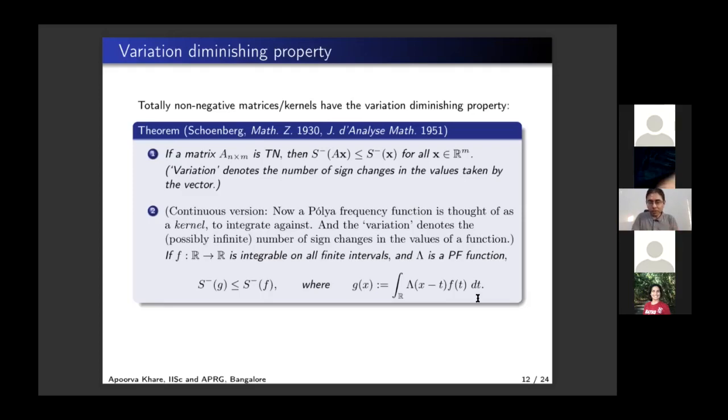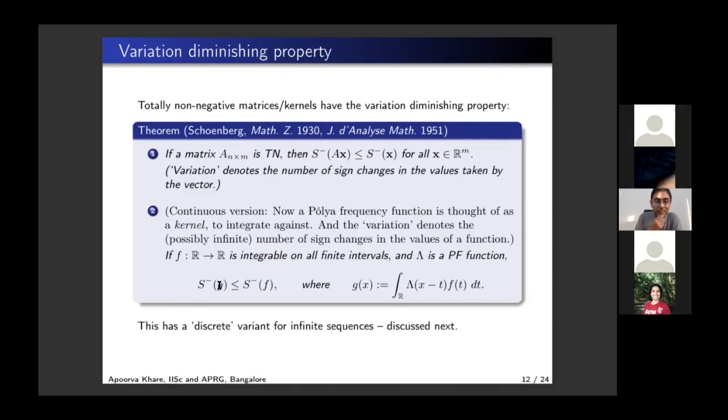Now, clearly, if the number of sign changes in f itself is infinite, if the input function was infinitely varying, then there is nothing to prove. This is less than infinity. I mean, what's the big deal? It's really when the number of sign changes here is finite that this kind of a smoothing operator or convolution operator has finitely many sign changes. In fact, at most that many sign changes. That's the non-trivial result that Schoenberg proved. So that is the continuous version of the variation diminishing property.